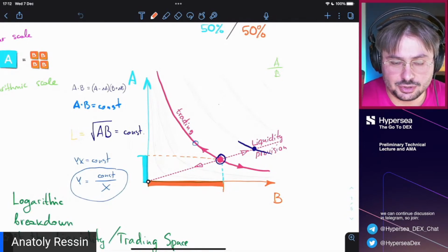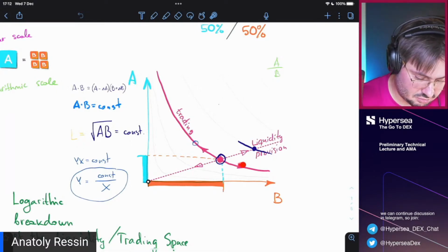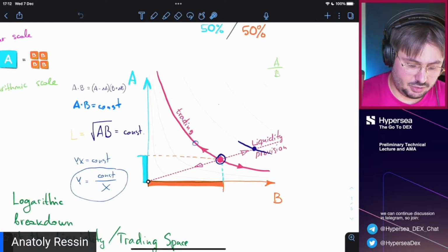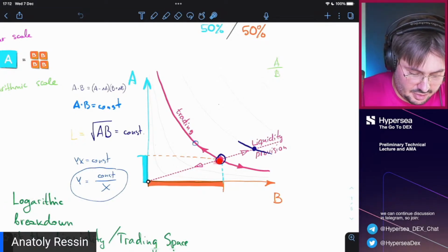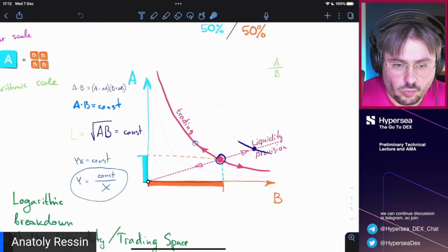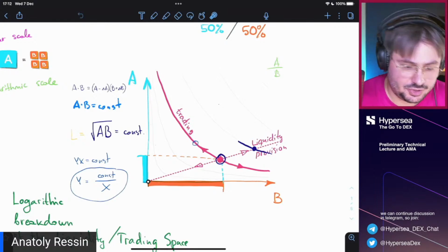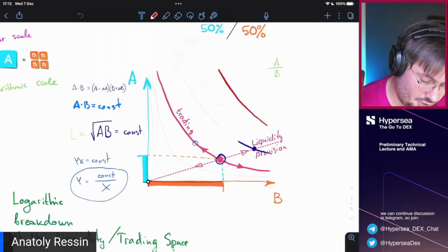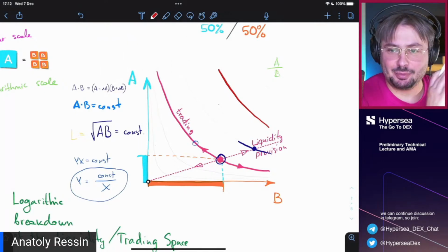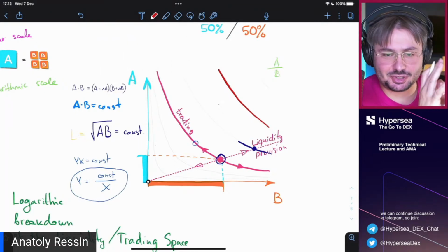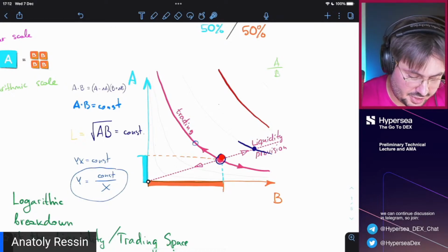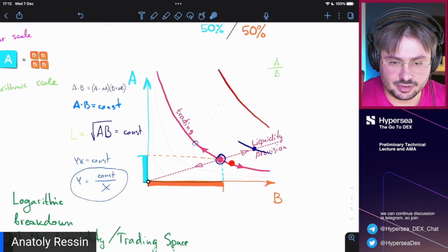So in Uniswap version 2, we have a curve that is hyperbolic, and when you are providing liquidity, you are just changing the curve to a curve that looks more like a straight line, and when traders are trading, they're just moving along this line.